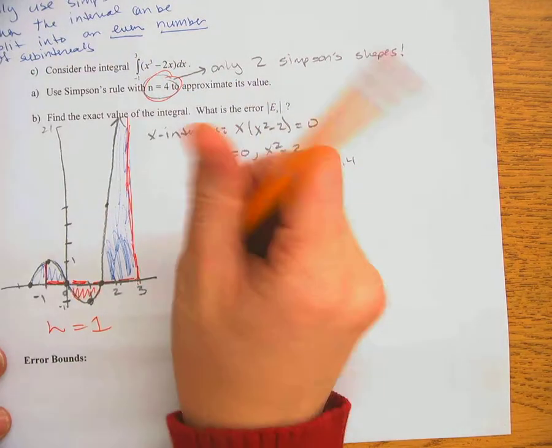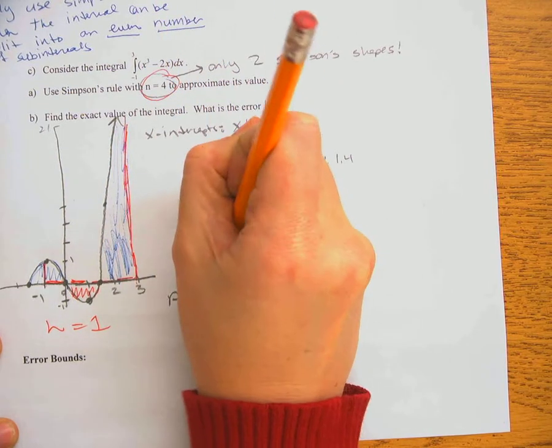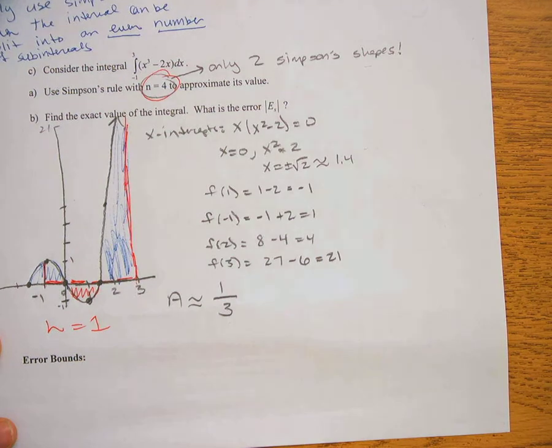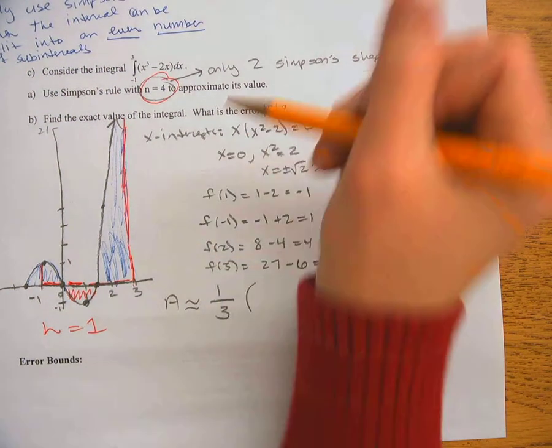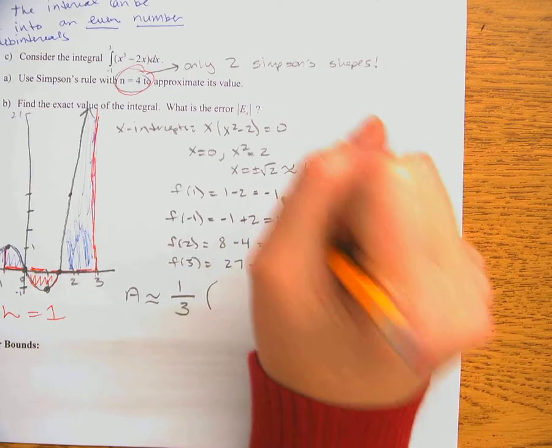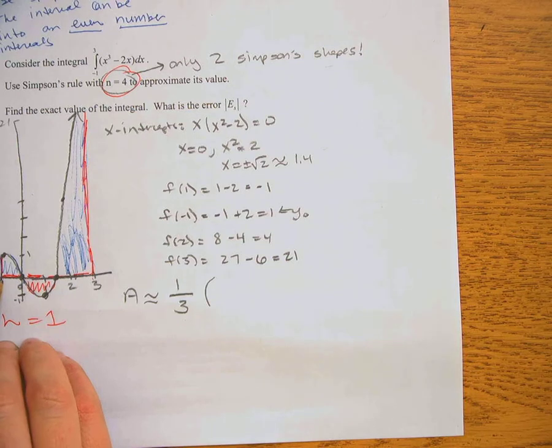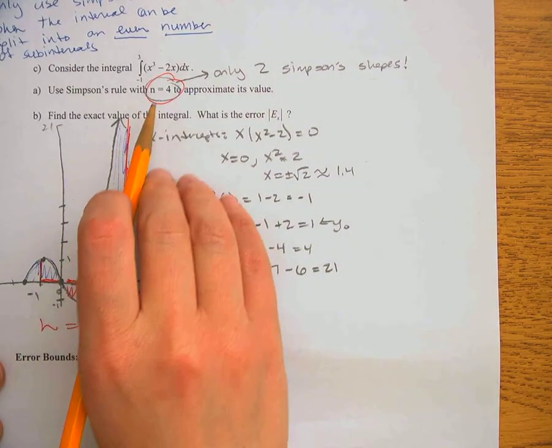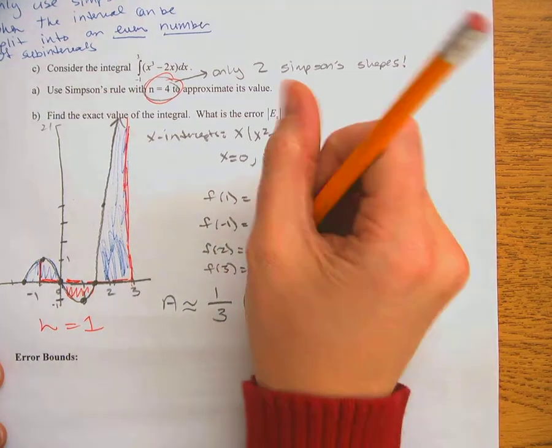Okay, so I'm going to do the Simpson's rule formula to find that the area is approximately 1/3, which is h over 3, times the first y value, which I found right here. That's my y sub 0, because that was -1 plugged into this function. So that's 1.